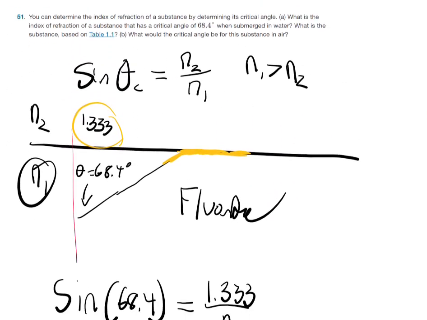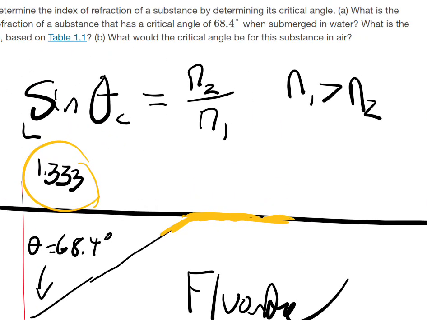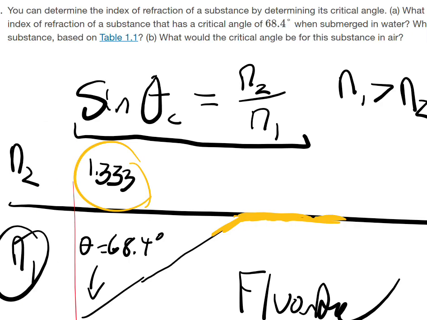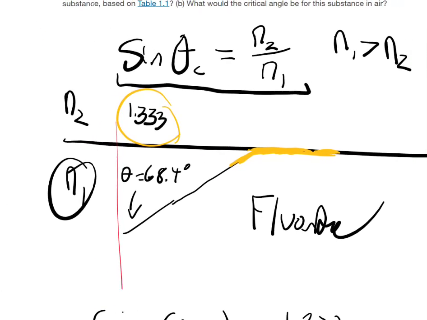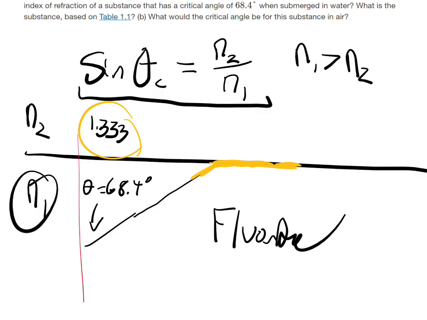It's not bad. This is mainly about recognizing the formula you're working with. In this case, we're discussing critical angles. Then it's talking about, well, we are given an index. Like in this case, we're given that the index of our boundary up here, this top index, is water, and this bottom one is unknown.